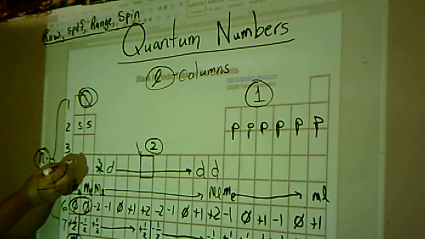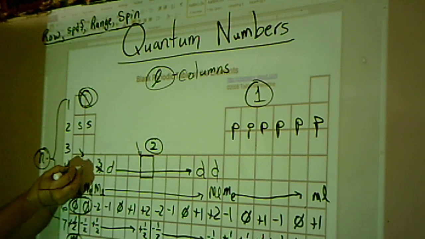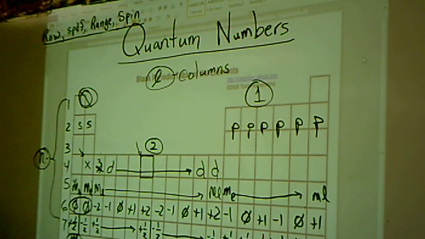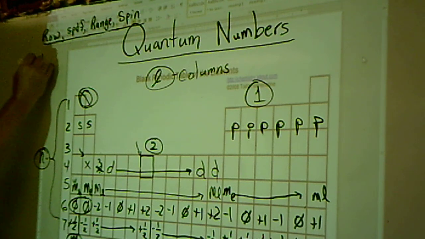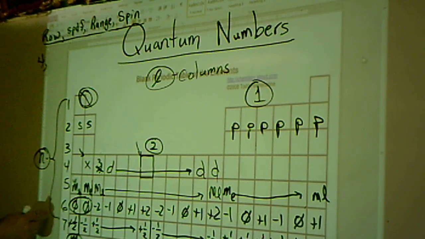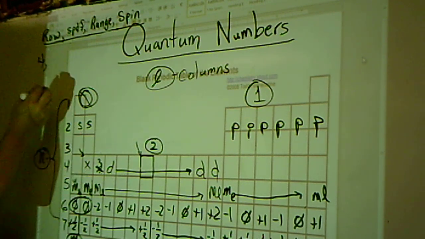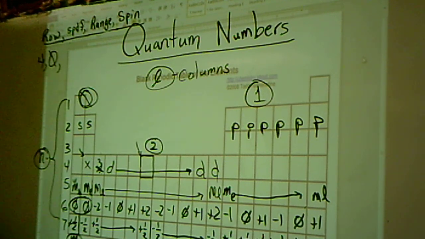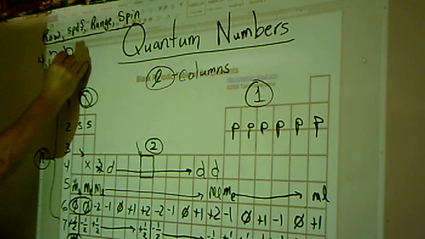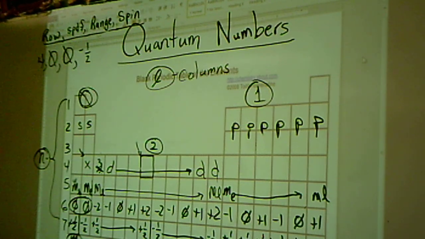So the one we're actually going to look at is this location here. If we're doing that location there, your highest energy electron is going to be 4, it's going to be 0, range 0 to 0, and my electron spin is going to be negative 1/2.